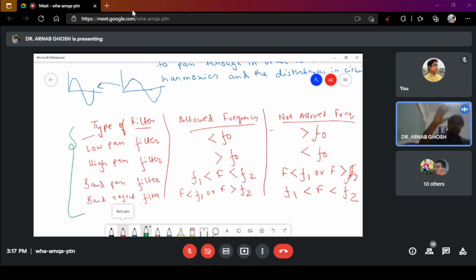This is why we started off with resonance. We started off with half power frequencies. This was the reason why we made that derivation of f0, f1 and f2, to finally get to this: what are the filters, and how you choose the filters to eliminate the harmonics in the waveform or in the circuit.